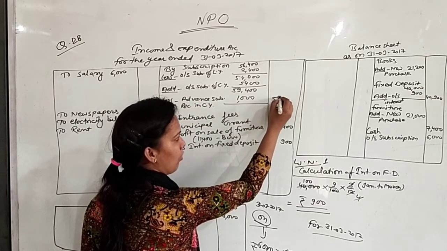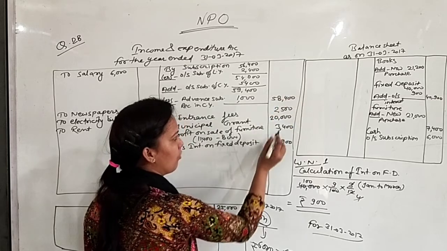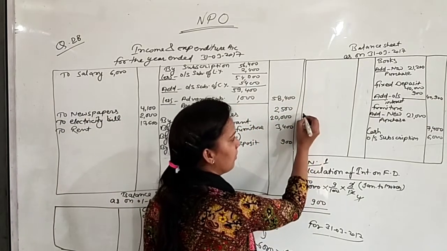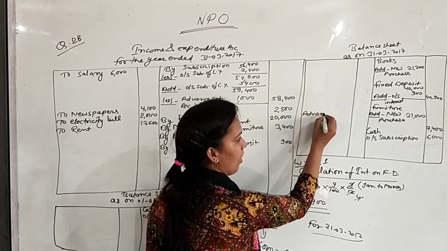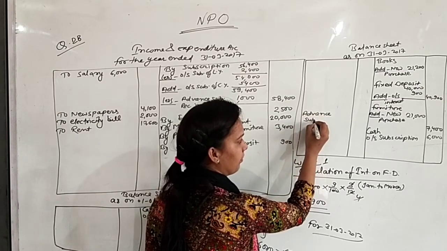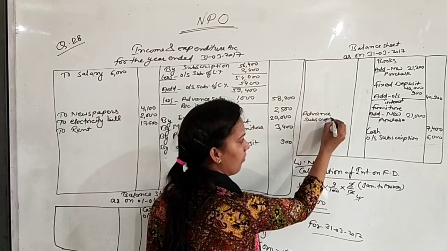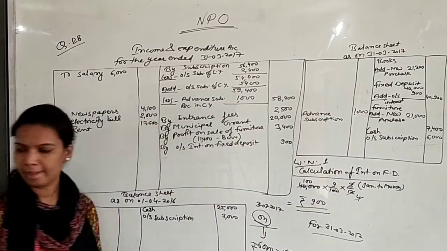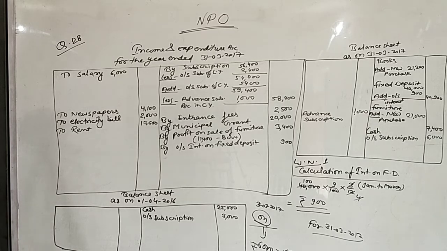So now the net amount of subscription is 58,400, and this 1,000 will be shown on your liability side as advance subscription, 1,000. This was all about subscription.